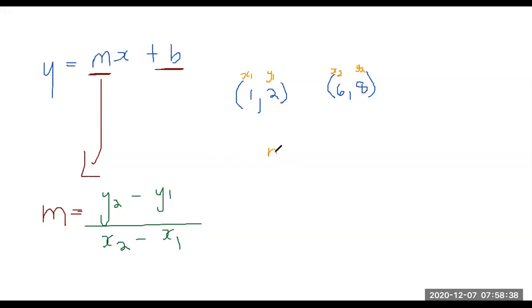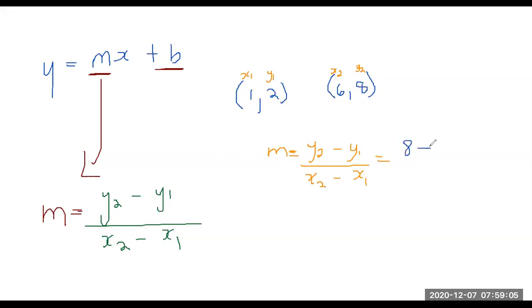So my slope equation states that m is equal to y2 minus y1 divided by x2 minus x1. Now I just put the numbers in, literally. So wherever y2 is, I come up here and I see that y2 is 8, so I put 8.